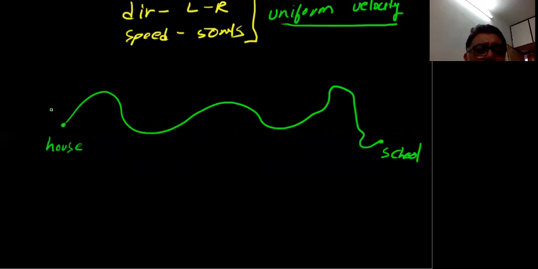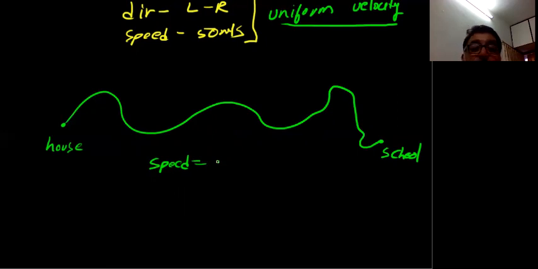If you think about it, when a person is traveling on the road, the speed will never remain constant. Speed will constantly keep on changing. If there is traffic, speed will decrease. If the road is empty, the speed will increase. So the speed of this person will keep on changing. If the speed of the person changes, then we say that the person is traveling with a non-uniform velocity.